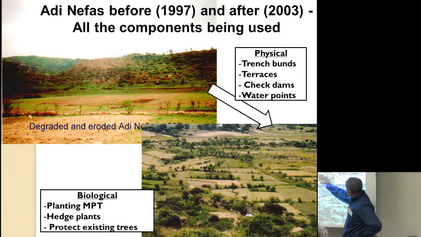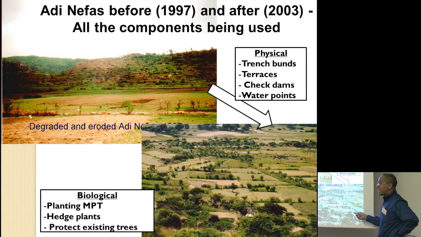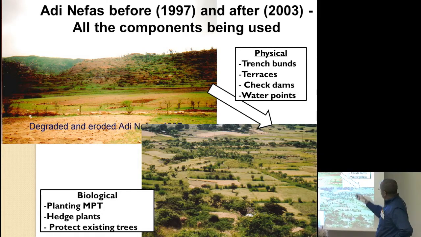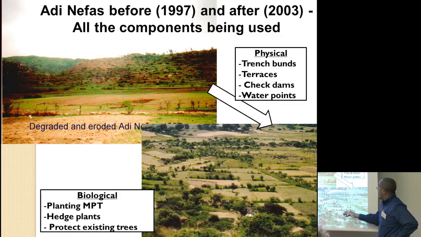It was like this in 1997, while it became like this after some years, in 2003, because the physical and biological work are all being implemented here. The vegetation cover shows not only support for the environment, but also improvement of the food security of families.